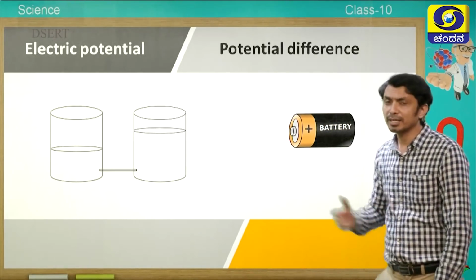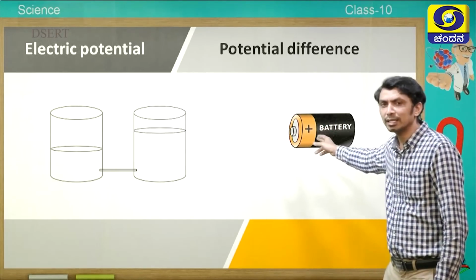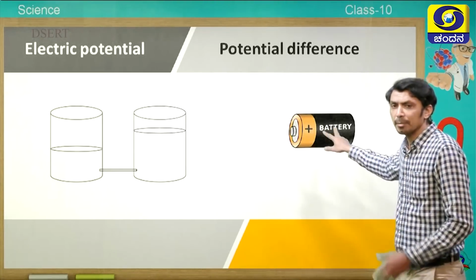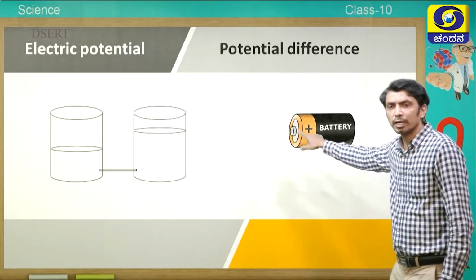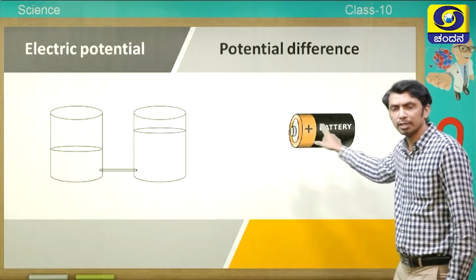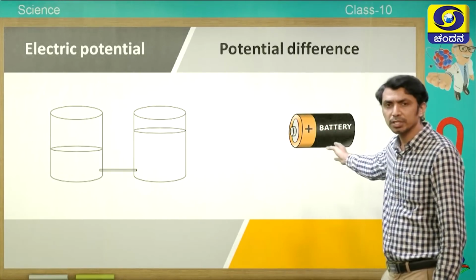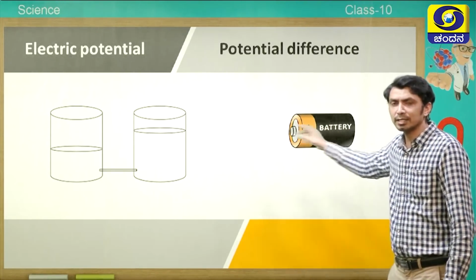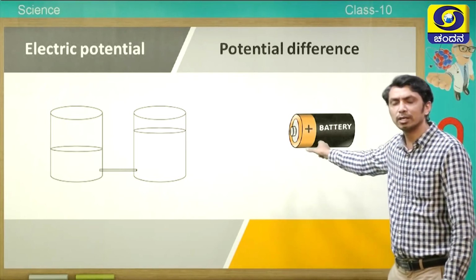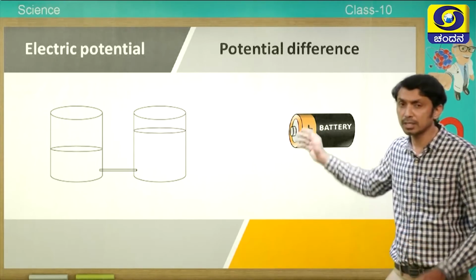In the same way, the movement of charges happens in an electric circuit, because a battery has a difference of charges at its endpoints. One is high pressure, another is low pressure. So it creates this sort of difference of electrical charges by making use of batteries or cells.